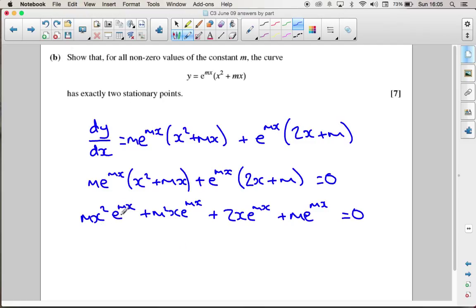They both have an e to the mx term in them, so if I factor that out, I'll get mx squared plus m squared x plus 2x plus m equals 0.